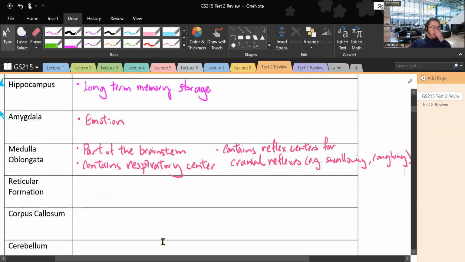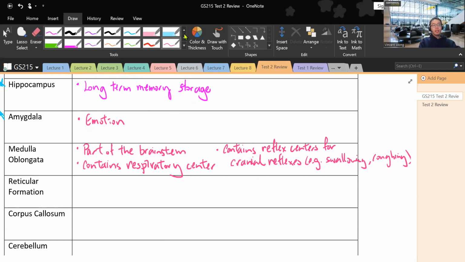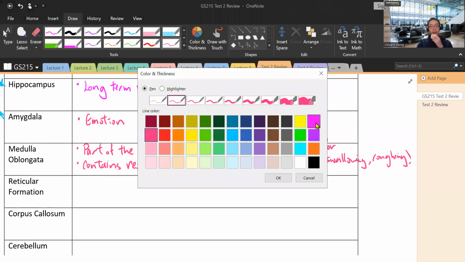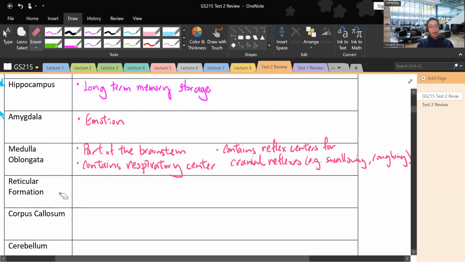Next, we have the reticular formation. The reticular formation is a web of gray matter. You should have an idea of what's gray and what's white, and we did a table to separate them in the study guide for lecture 6, I believe.